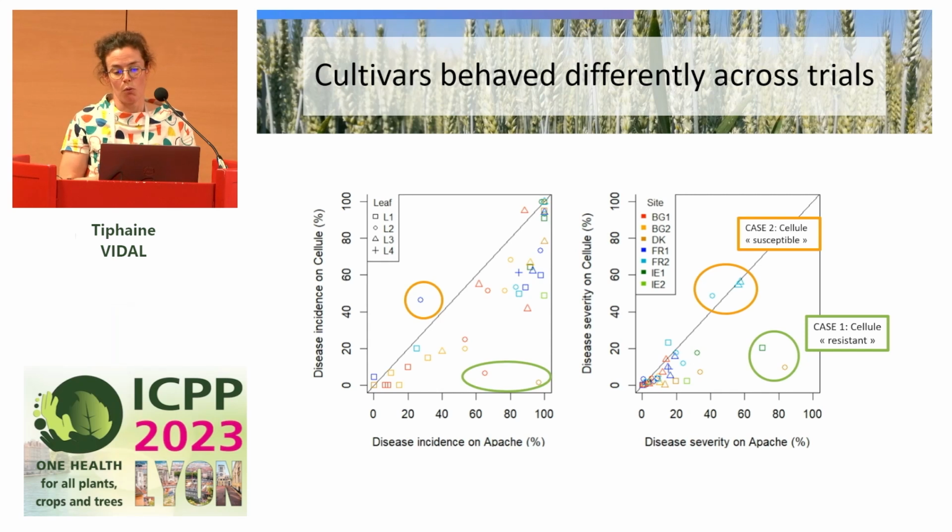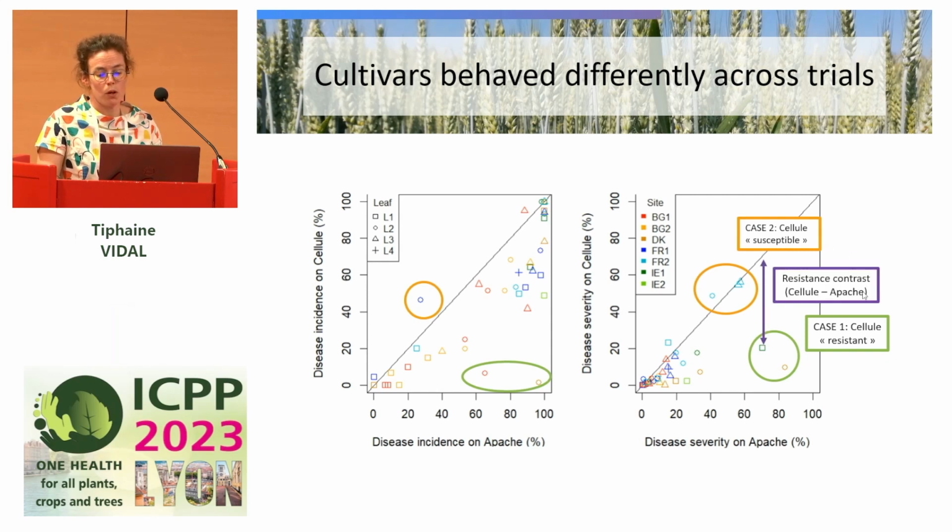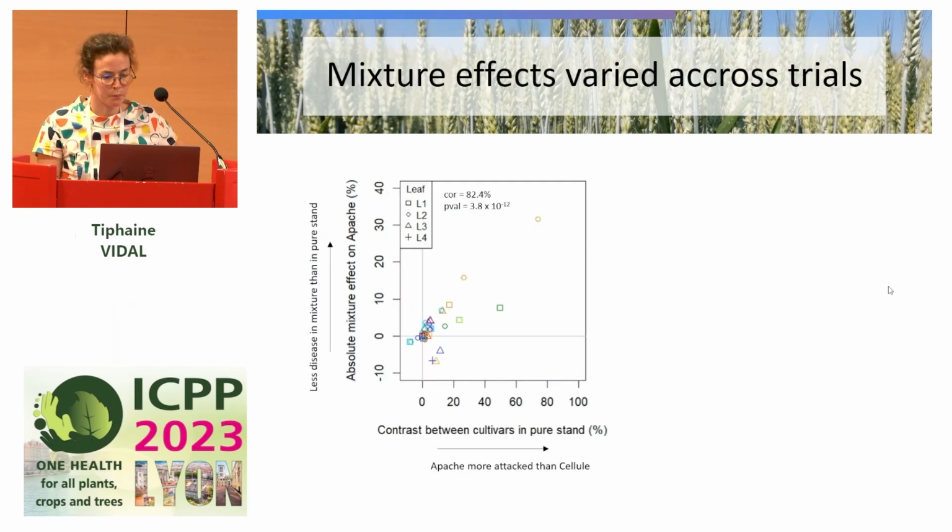And relatively surprisingly, we have places and dates when Cellule is as susceptible as Apache. So it has completely lost the efficiency of its resistance. And as you can see, there are many intermediate cases. So we call this difference between Cellule and Apache the resistance contrast. And we will see later how it was related with the mixture effects we observed.